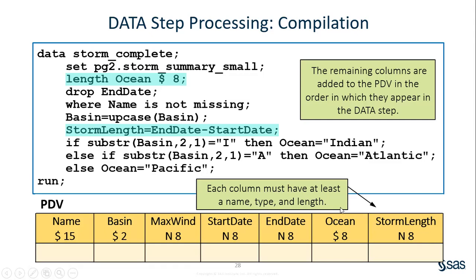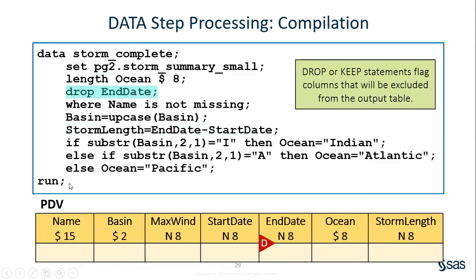All good now? समझ में आ गया? Yes. ऐसे columns बनते हैं अभी. Okay. Now, is anything more to be added to PDV by looking into it? No. Then when it encounters the end of the step, but before ending, it finds it has a drop statement. So it will flag D on this column in PDV.